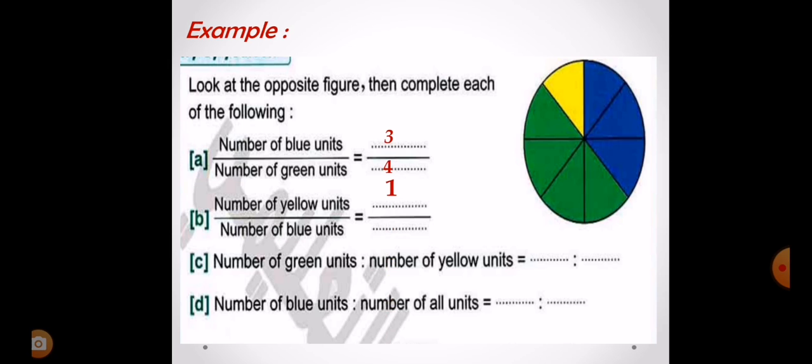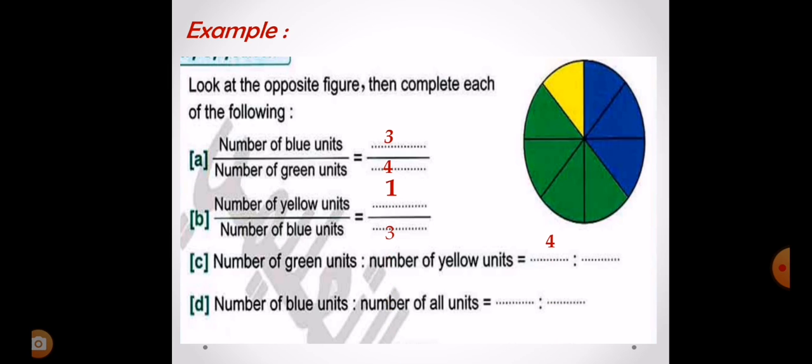Number B: number of yellow units equals 1, number of blue units equals 3, so the ratio will be 1 to 3. Number C: number of green units. How many green units here? 4.